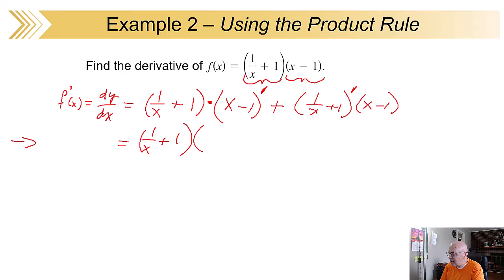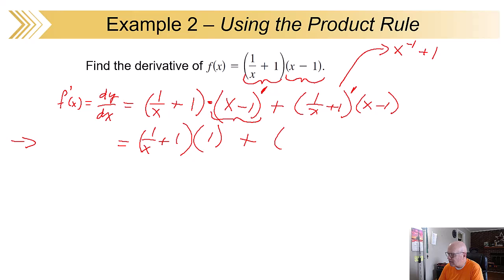So for the second function, let's take the derivative of that. Well, how about that? It's just 1. Nice, right? Plus. Now we'll have to take the derivative of this one. I'm going to sneak up here for a second because I might want to write that as x to the negative 1 plus 1. Take the derivative of that.